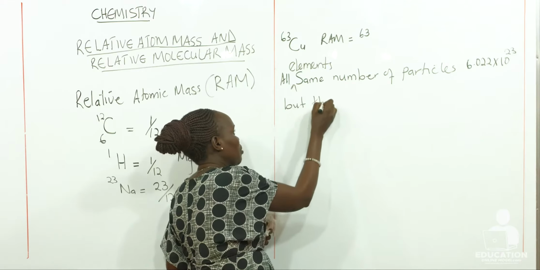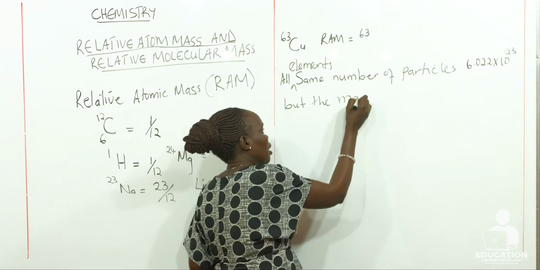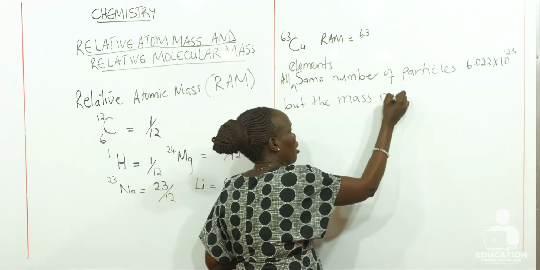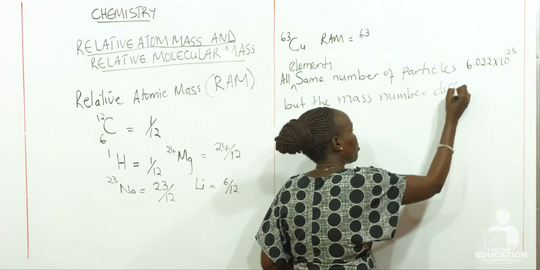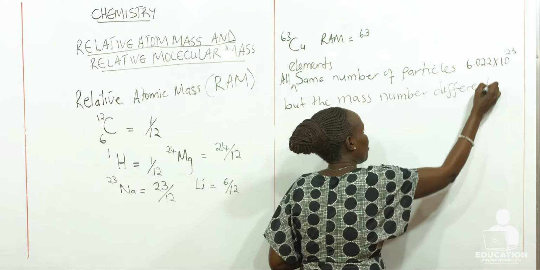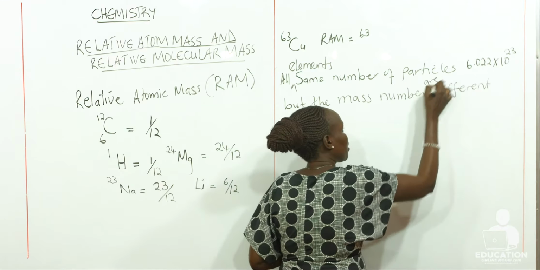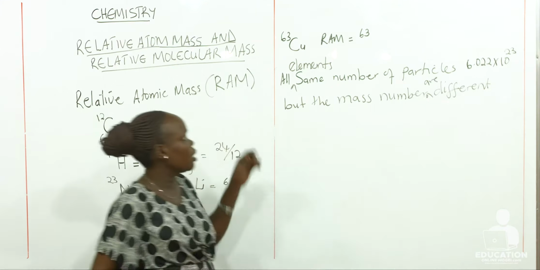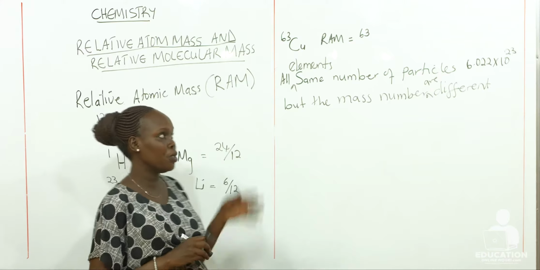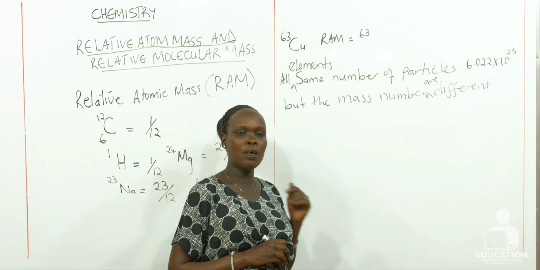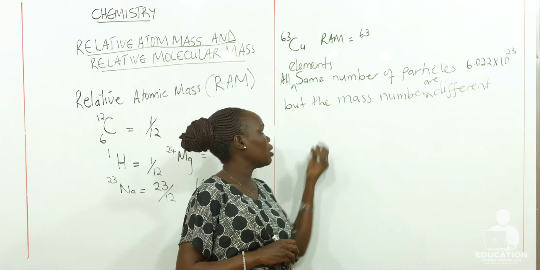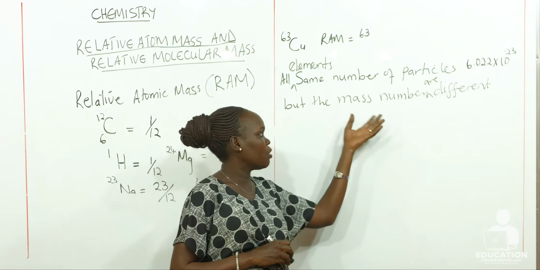The mass numbers are different. So we said all elements or all atoms have the same number of particles, which is 6.022 times 10 to the power 23, but they have a difference in the mass number.